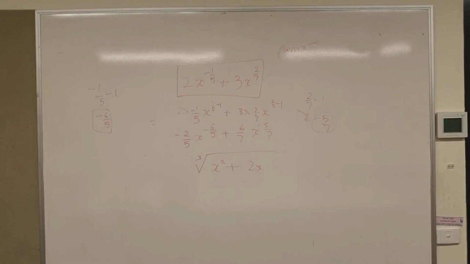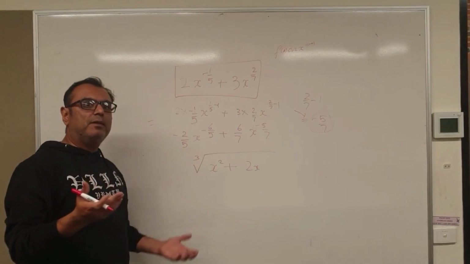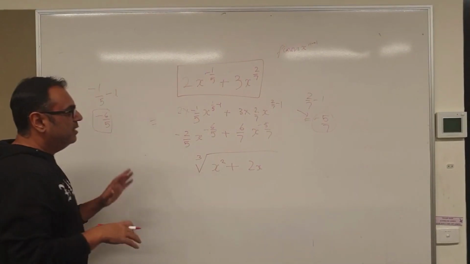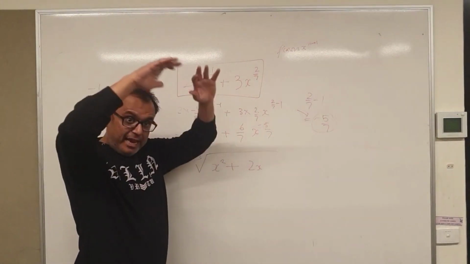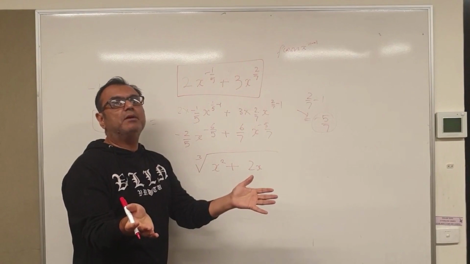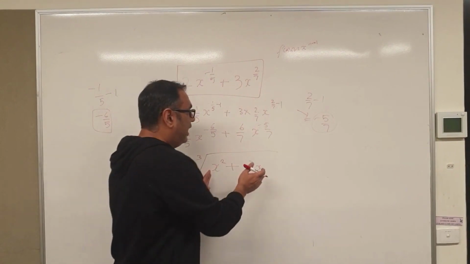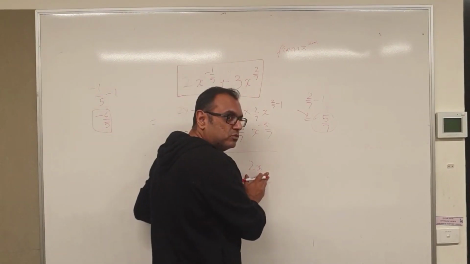A chain. Good question. How do you know that you have to apply chain rule? Broadly speaking, whenever I have an expression encapsulated in some kind of a power, an expression, not a term, then I will use the chain rule.